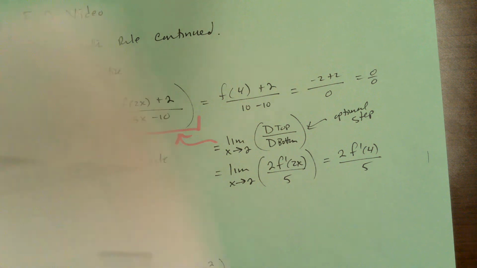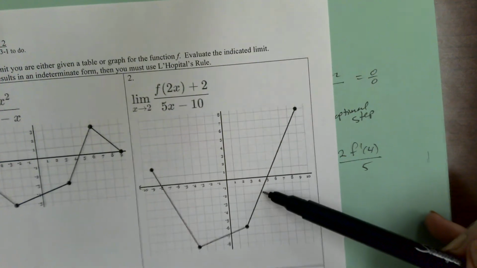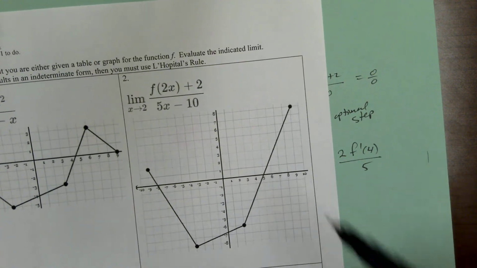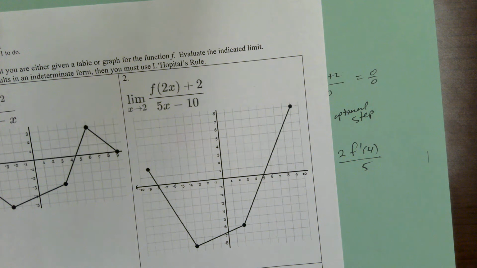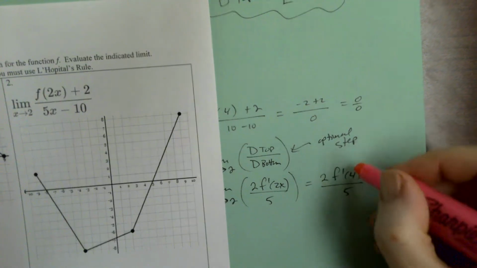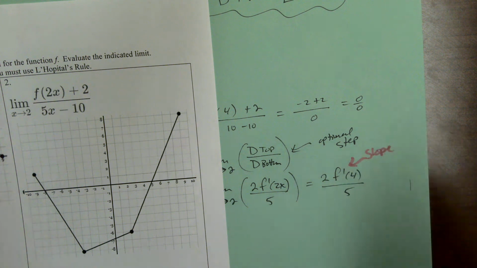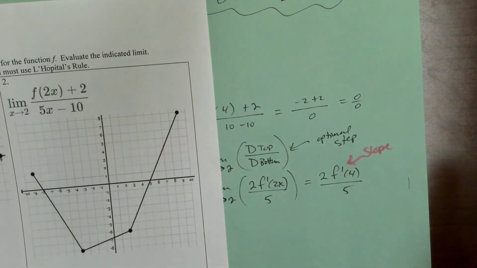But here is the thing, guys. So we know that f of 4 is negative 2. But what is f prime of 4? All right, f prime of 4, that's going to be the slope. All right, remember what does a derivative mean?